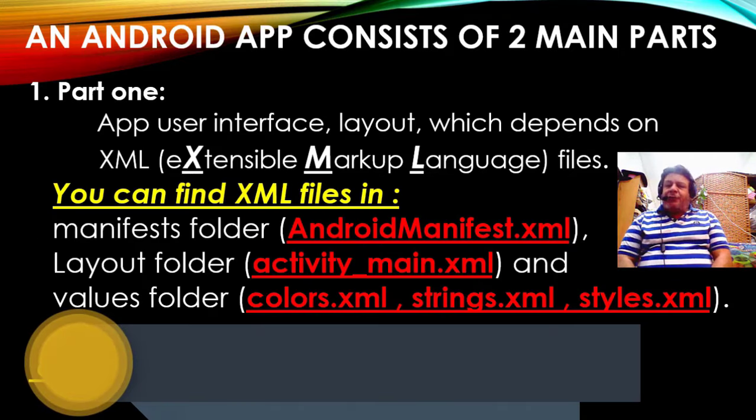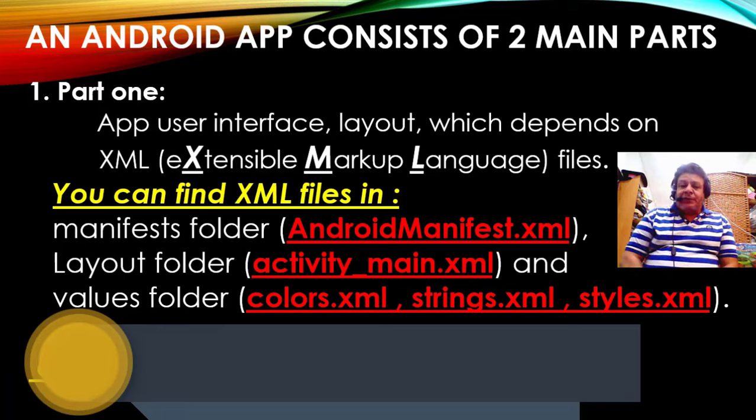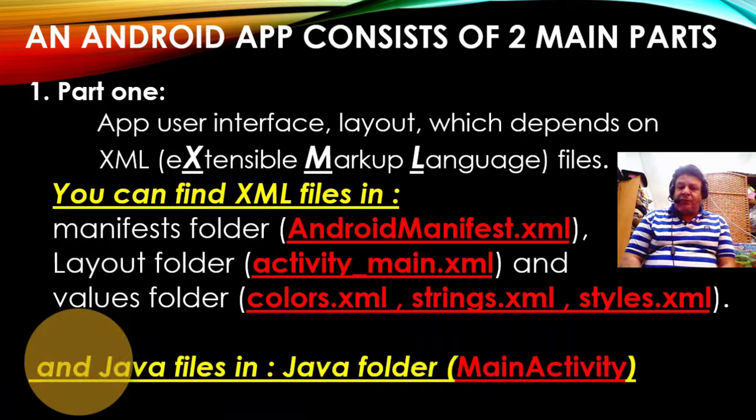An Android app consists of two main parts. Part 1, the app user interface or layout, which depends on XML, extensible markup language files.